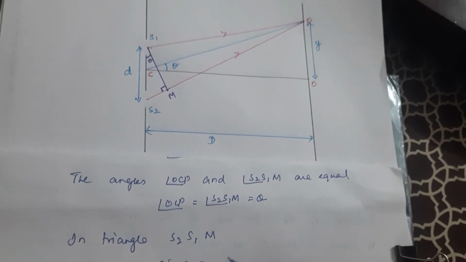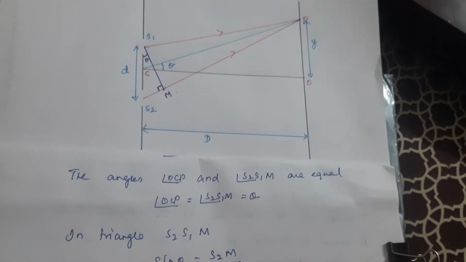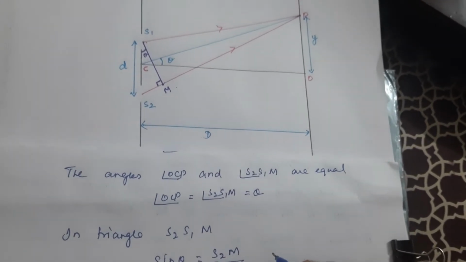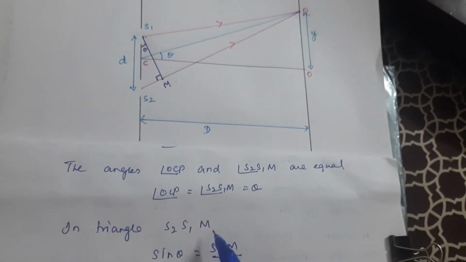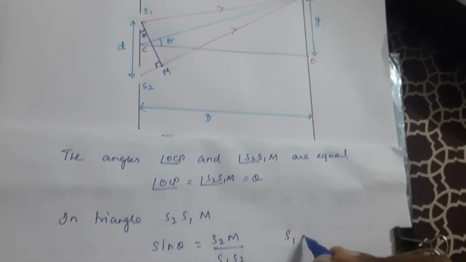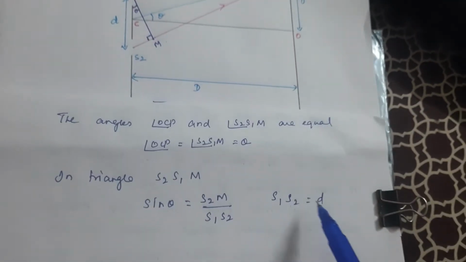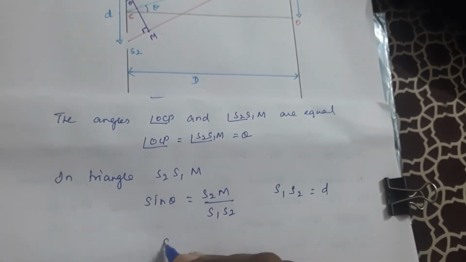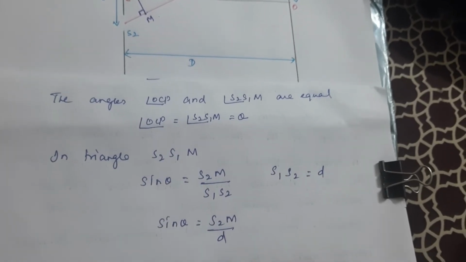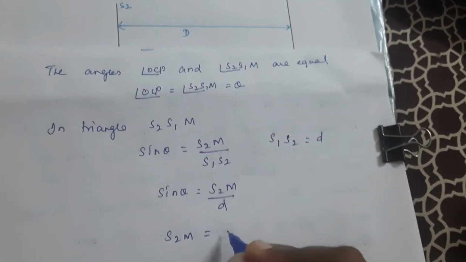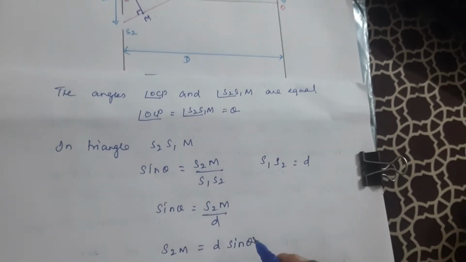Your opposite side is S2M, and your hypotenuse is S1S2. According to the diagram, S1S2 is equal to d. So I can substitute: sin theta is equal to S2M by d. So S2M is equal to d sin theta. Now, what is S2M?